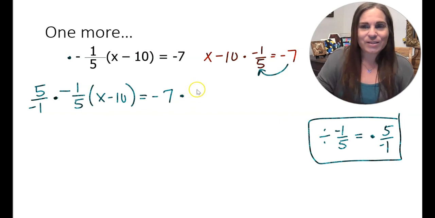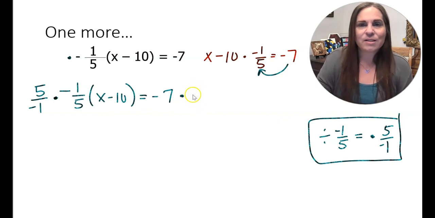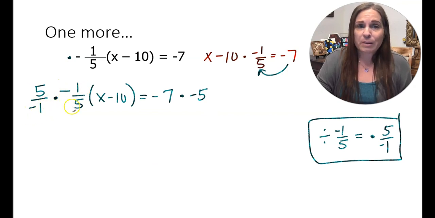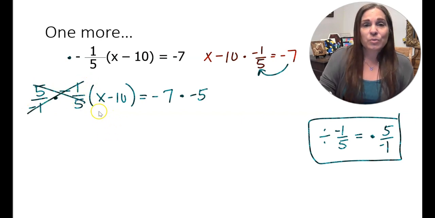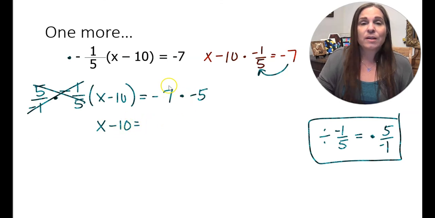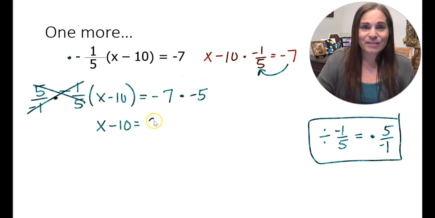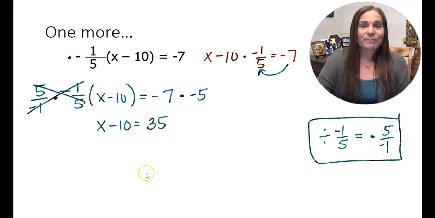I don't really need to write 5/1 on this side, so I'm just going to leave it as -5. So on the left, I multiply top times top and bottom times bottom, and I get -5 over -5, which is just 1. So now I have x minus 10 equals a negative times a negative equals a positive 35.